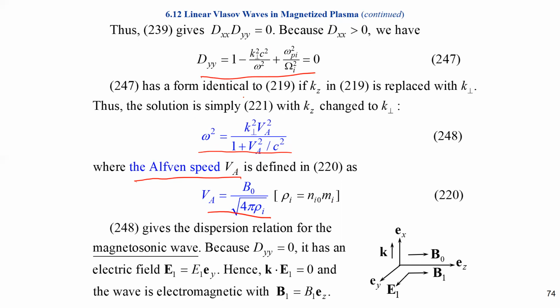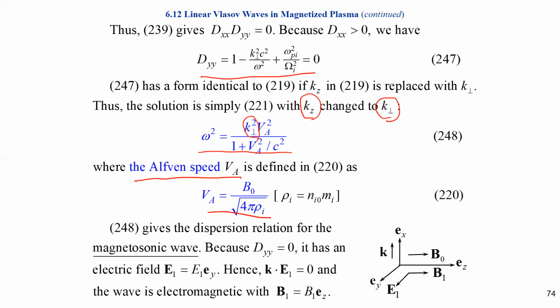The solution is simply 221 with kz changed to k perpendicular. So very similar to Alfven wave with kz changed to k perpendicular. Equation 248 gives the dispersion relation for the magnetosonic wave, because it is very similar to Alfven wave.